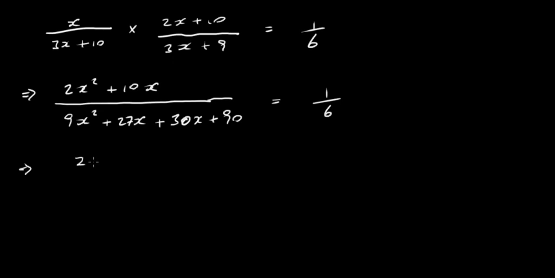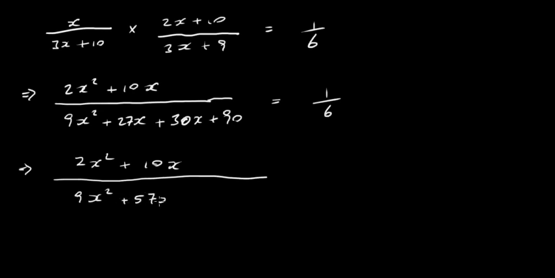Top remains the same, 2x squared plus 10x. On the bottom we have 9x squared plus 27 plus 30, that's 57x, plus 90, and that's equal to 1/6.